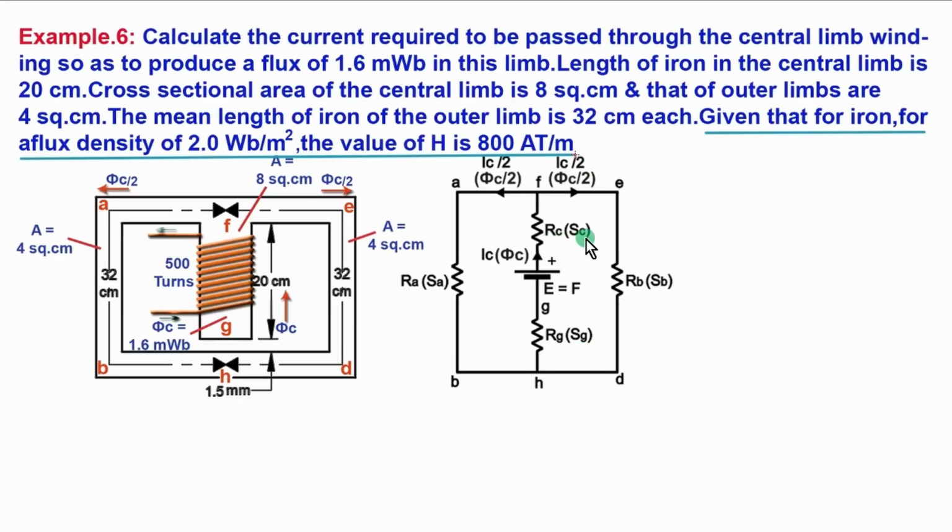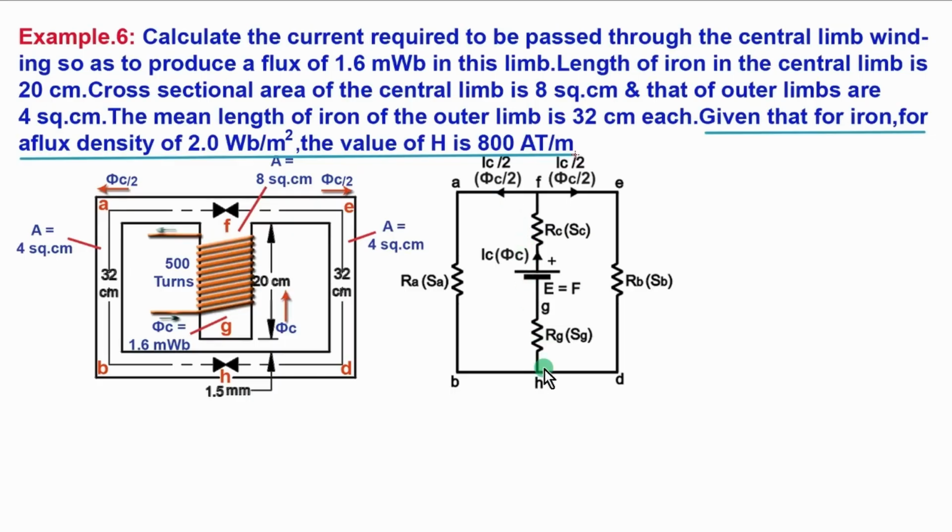Rc is equal to reluctance Sc of this portion, and the main current generated from here divides equally as IC by 2 and IC by 2, as they are equal resistances in parallel paths. Similarly here, the total flux generated phi C divides and goes in both directions as phi C by 2 and phi C by 2. That is half of the total flux generated.